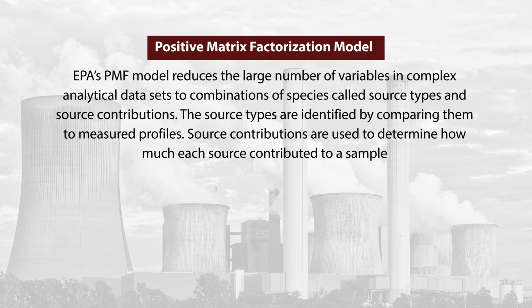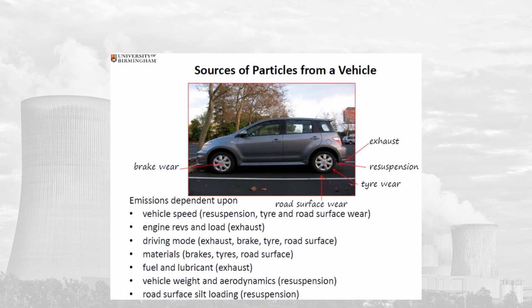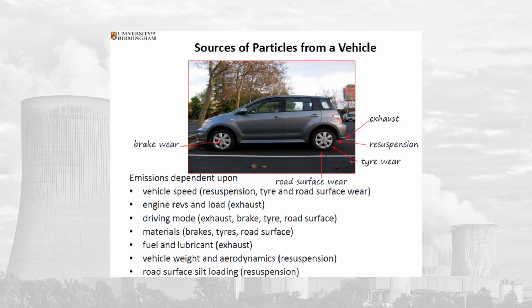computing the sources using a different set of data. The source contributions are used to determine how much each source contributes to a sample. For example, the PMF analysis can also find out, even within a source, what sort of source it is, whether it is from tire wear, resuspension or exhaust emissions.